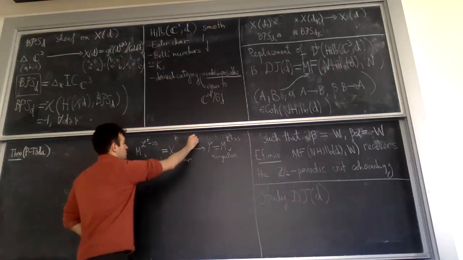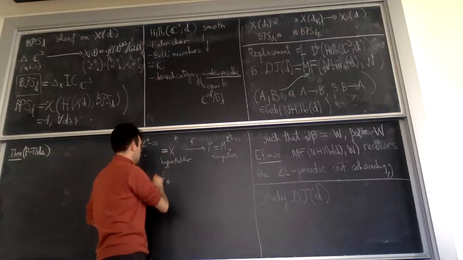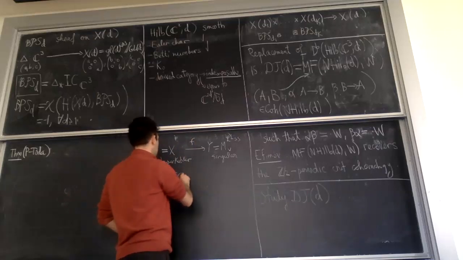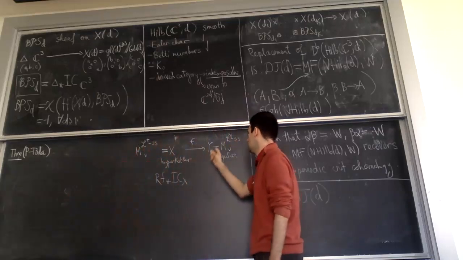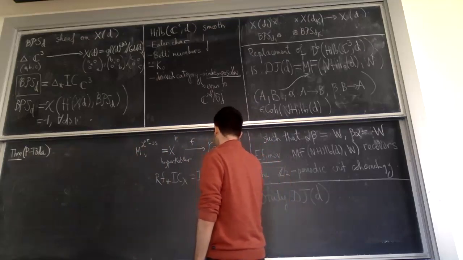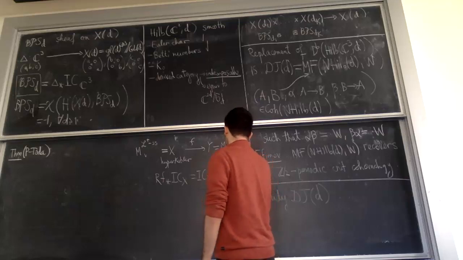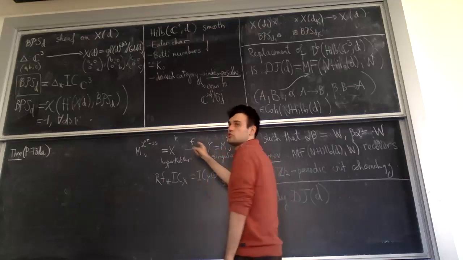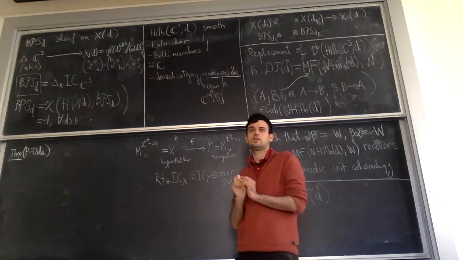So you can study f lower star of the IC sheaf on X, and then this will not be the IC sheaf on Y. So it's IC of Y plus other stuff. I think this will be a semi-small map, and you'll also get other strata.